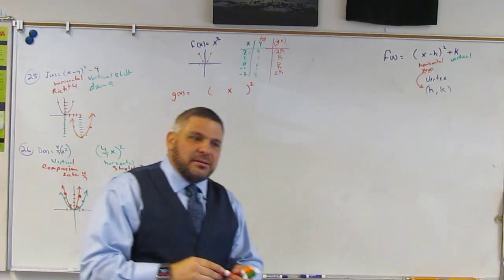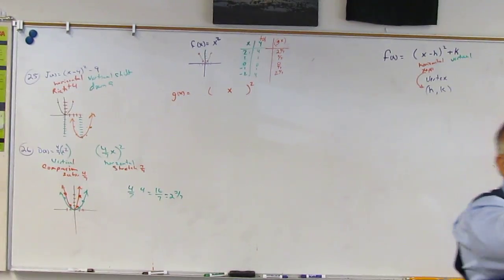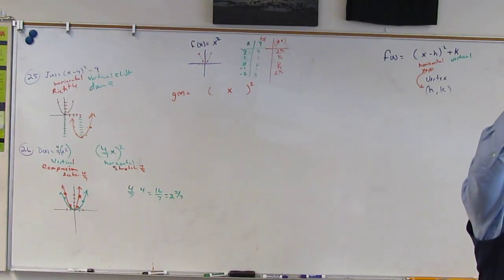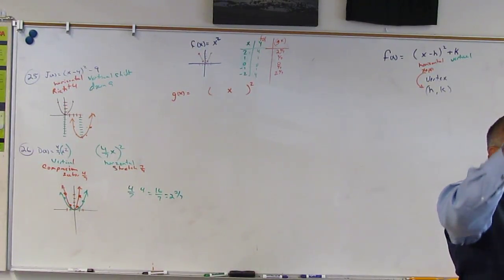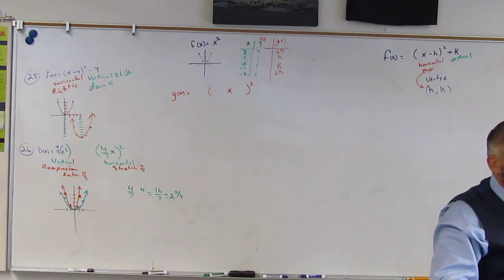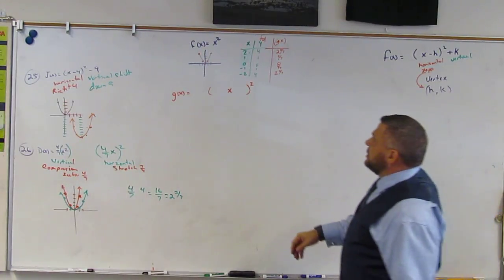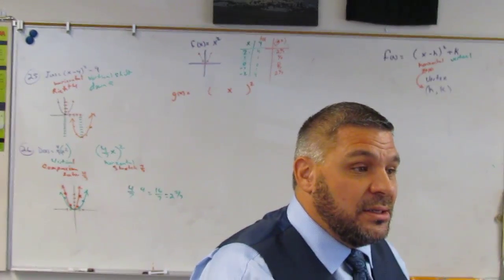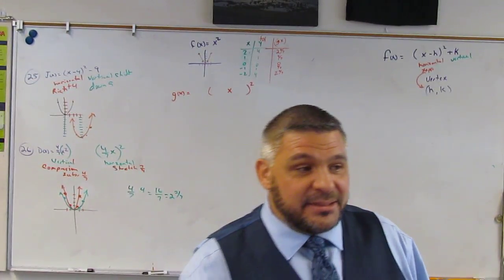Remember we did that a while ago when we wanted to change to the g of x in chapter 1. And if we only change the vertical, we would only change the function by the stretch or the compression, right? So all we had to do. Now, if we change the horizontal, we change what? We change x.